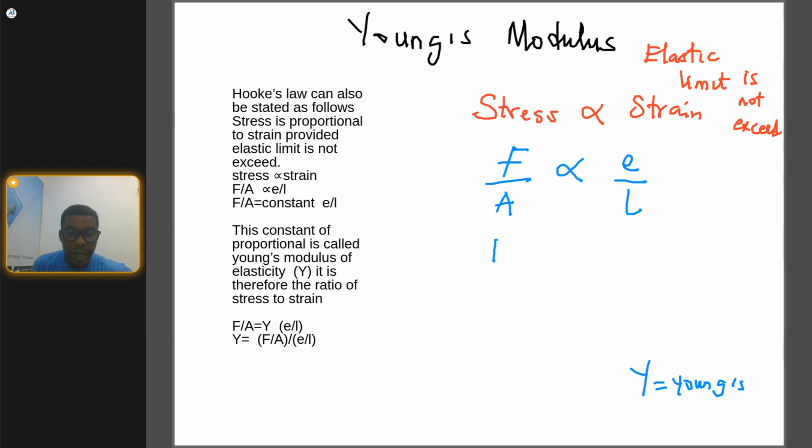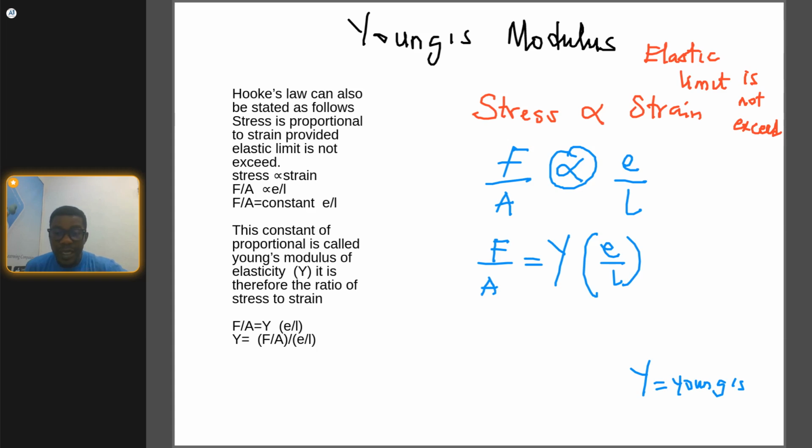So I have F over A. When I have an equal sign there, the equal sign is going to invite a constant. I've taken away the sign of proportionality, the sign of variation, which is this sign. So once we take that away and we bring in an equal sign, it will invite a constant. And the constant is Y in the bracket e over L.